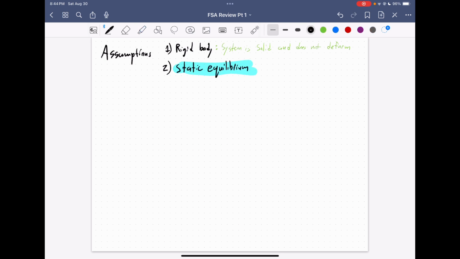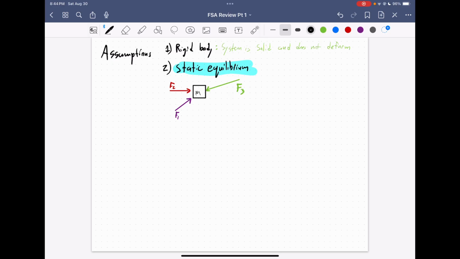right? And if we go back to our first case, if we have a box of mass, let's say we have a bunch of forces. Force 1, force 2, and force 3.